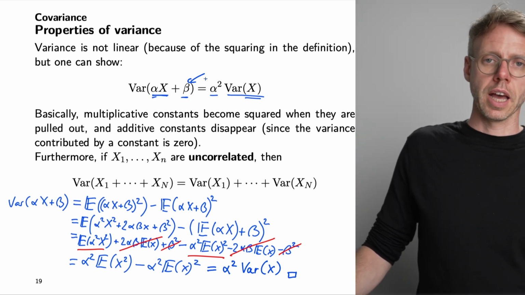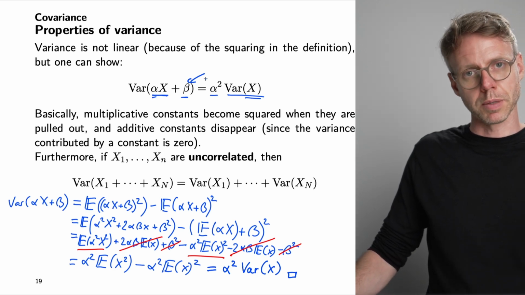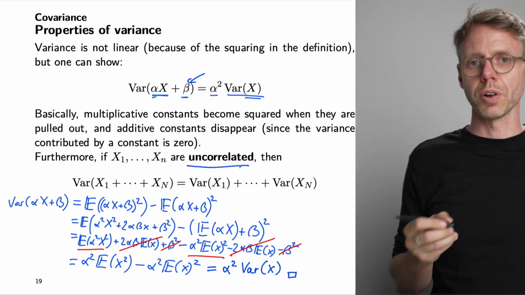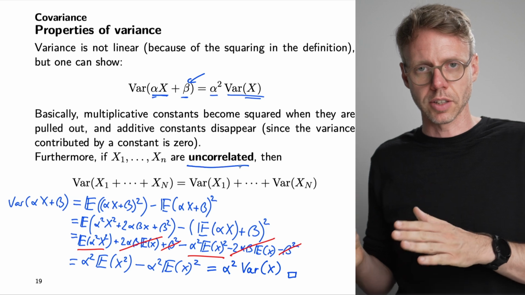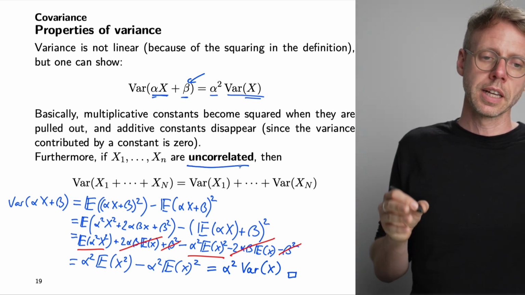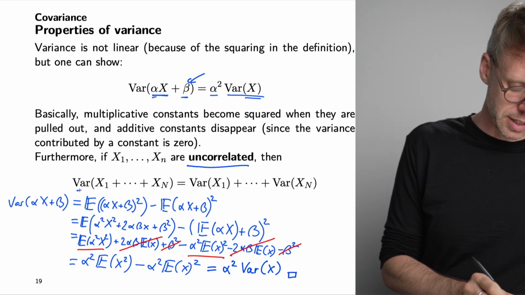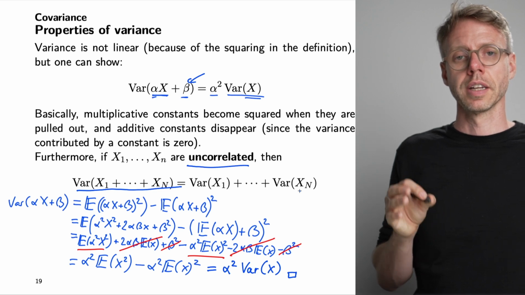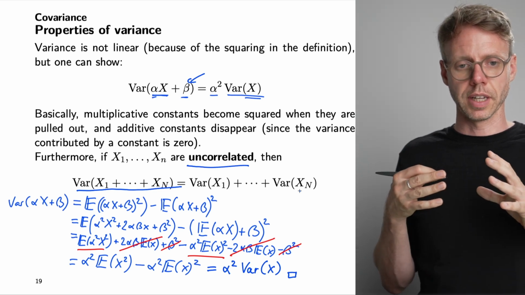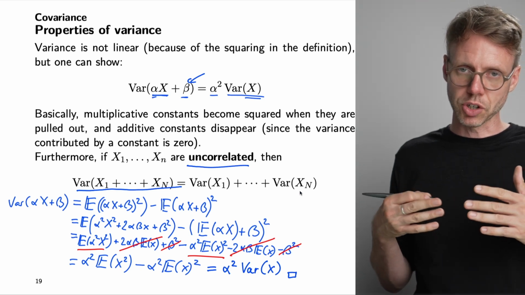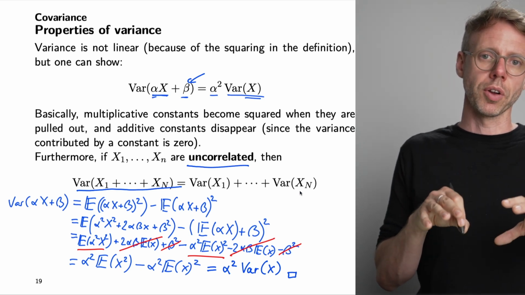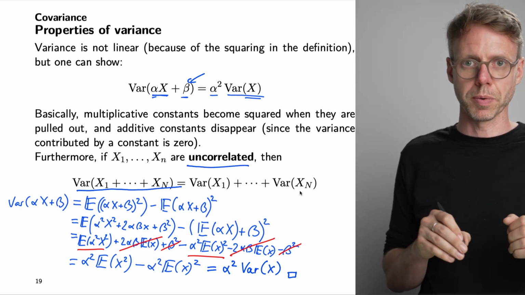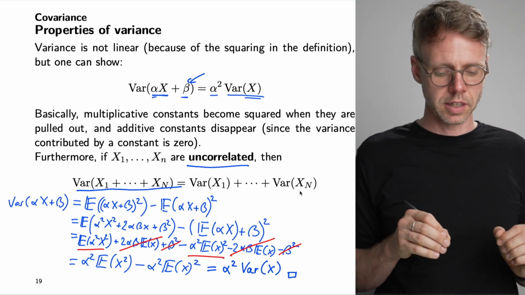If we have multiple random variables x1 through xn and they are uncorrelated, so all the covariances between the xi's and the xj's are 0, then the variance of their sum is equal to the sum of the variances. That is not the case if they are not uncorrelated, because then we get additional terms based on their covariance. However, if the covariance is equal to 0, then these terms go away. We're only left with the sum of the variances.